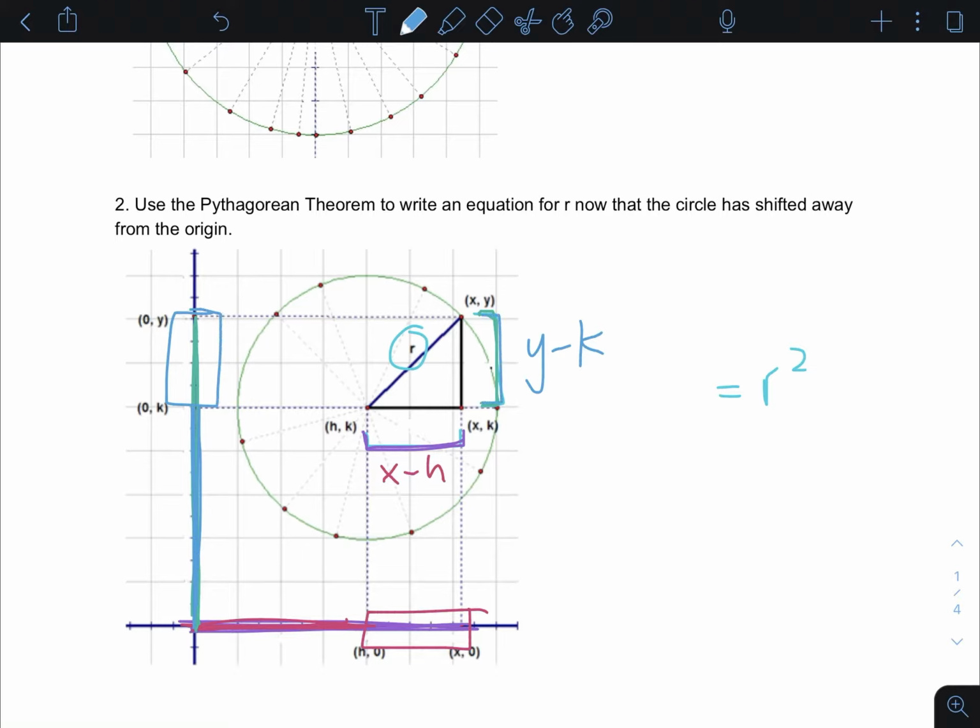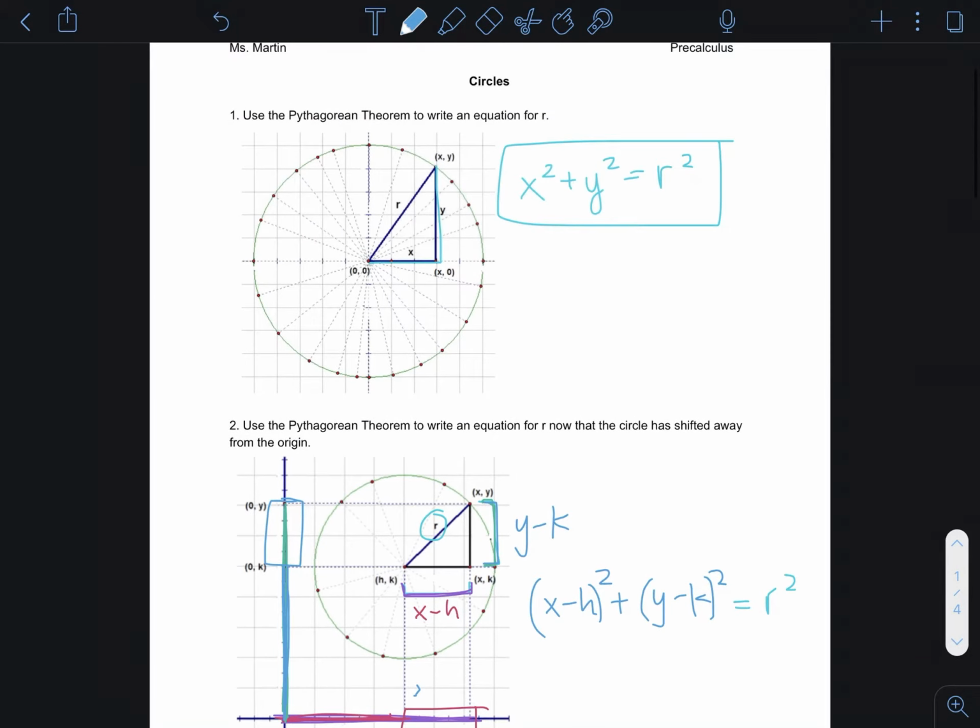So that gives us our two legs. One leg is x minus h, and the other one is y minus k, and we can then plug that into the Pythagorean theorem. So we will have (x minus h) squared plus (y minus k) squared, just similar to what we had up at the top here.